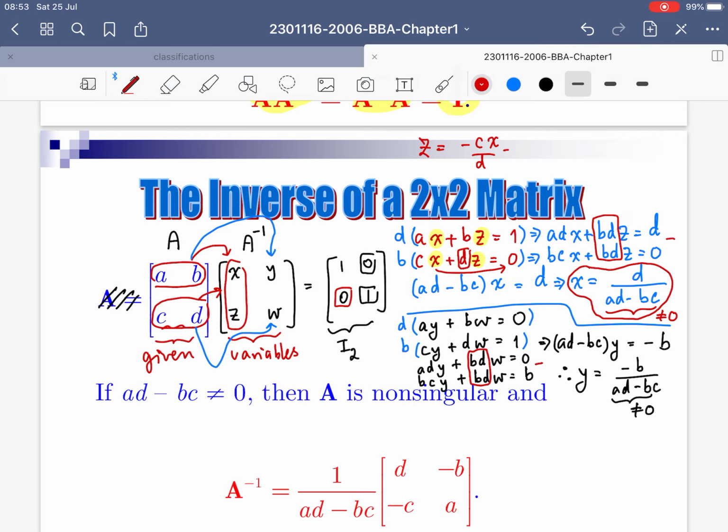But what is your X? Your X is D over AD minus BC. So your D actually cancelled, so you have your Z to be negative C over AD minus BC. Again, it depends on this one not being a zero number.